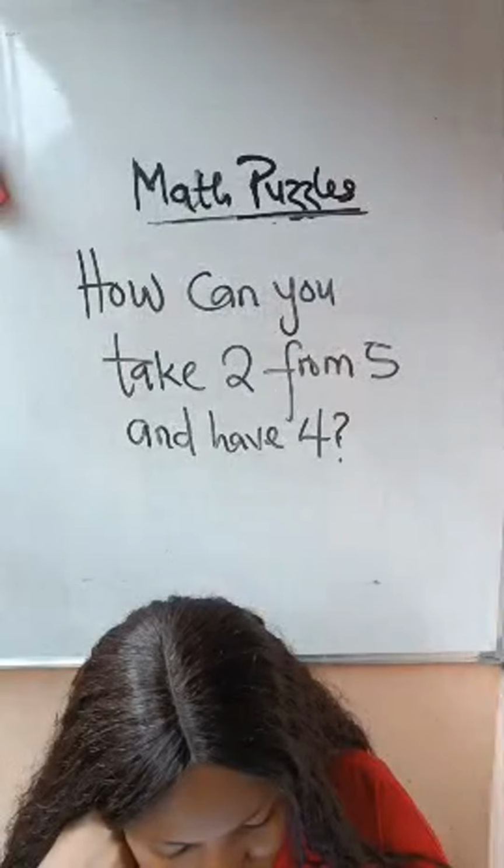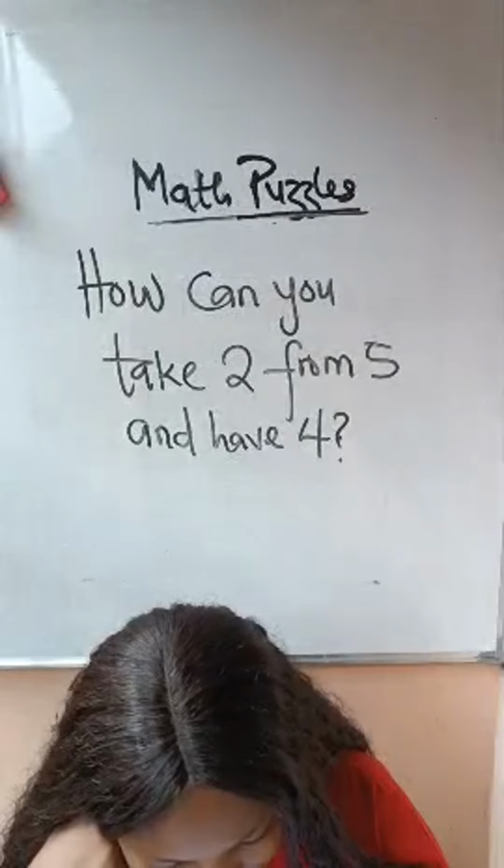Then you have 4 left, assuming you took a left hand and a right hand. That sounds convincing, but we are told from 5, not a group of 5. Kehinde is saying FIVE. Kehinde is also saying IV.